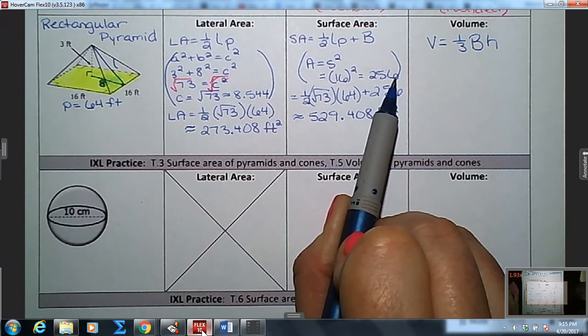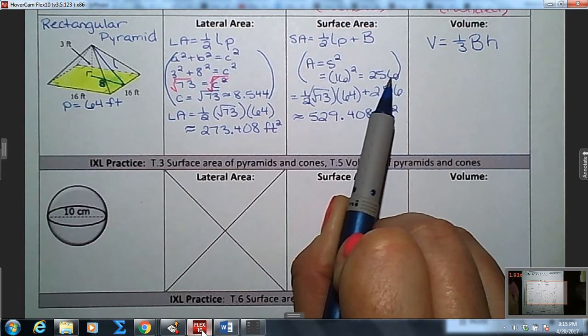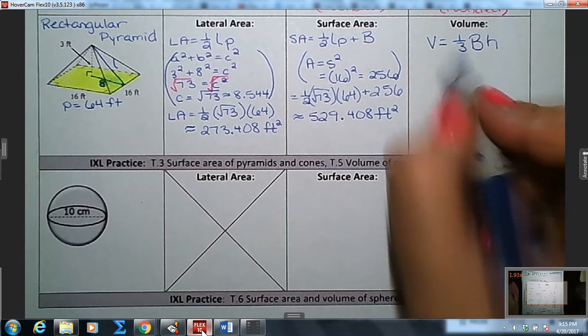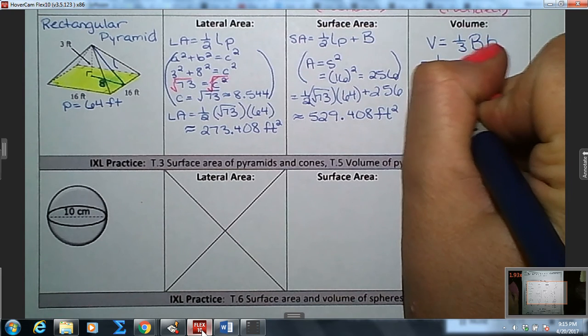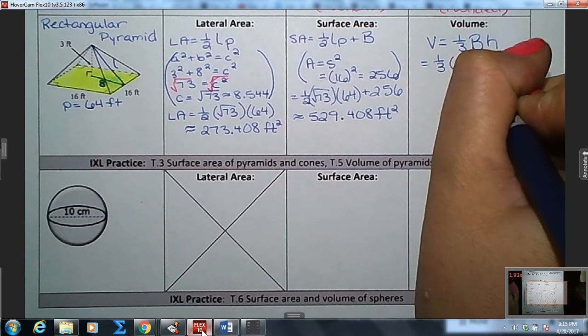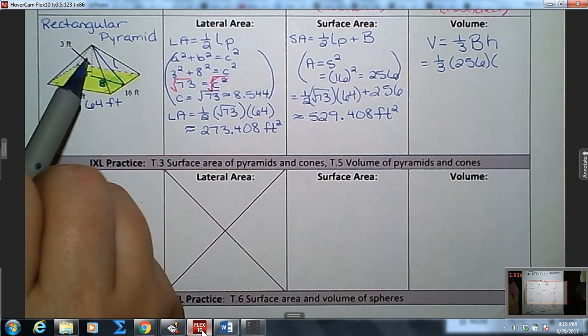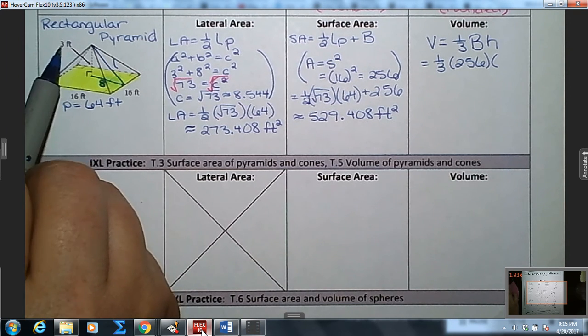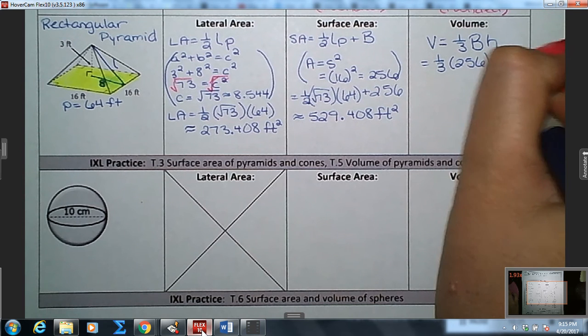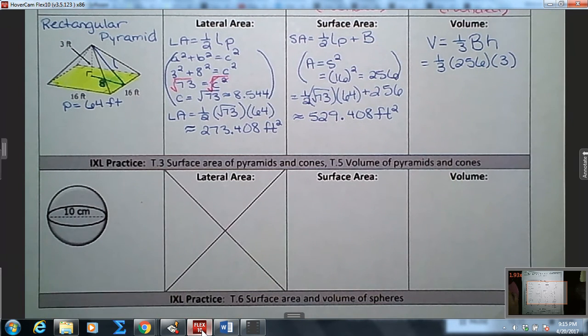Capital B is the area of the base, which is a square, at 256. 1/3 times 256 times the height of the pyramid given in the picture of 3. That's the actual height, not the slant height.